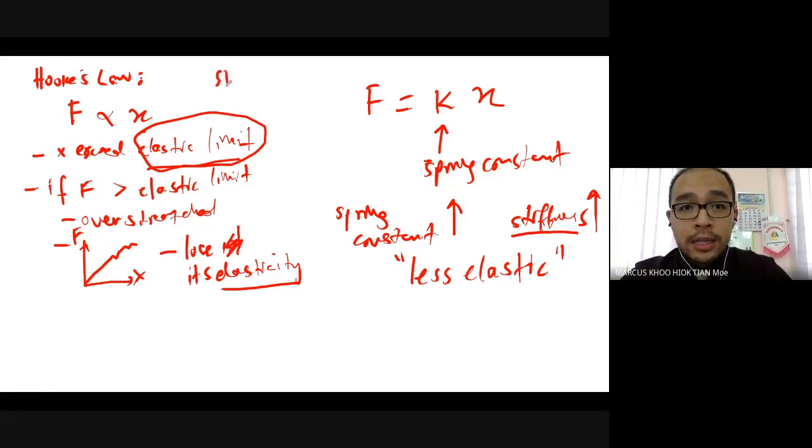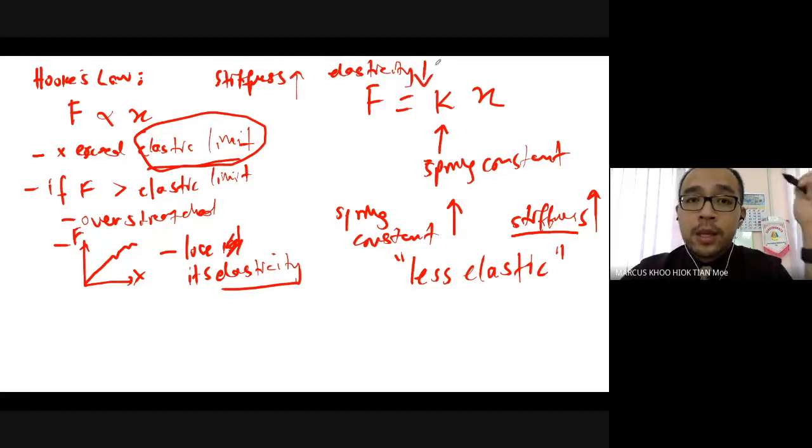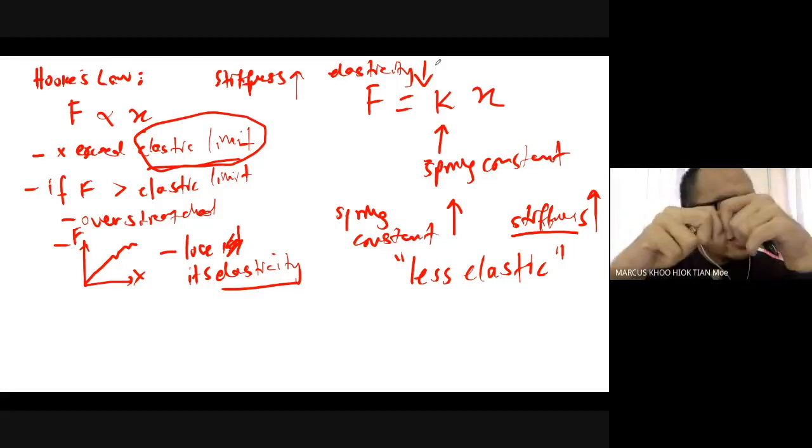So the stiffness and the elasticity are inversely proportional. When something is stiffer, the elasticity dia akan berkurang. Senang untuk kita pecahkan itu spring, in a sense. So a soft spring, dia punya spring constant sangat kecil, dia sangat tidak stiff.